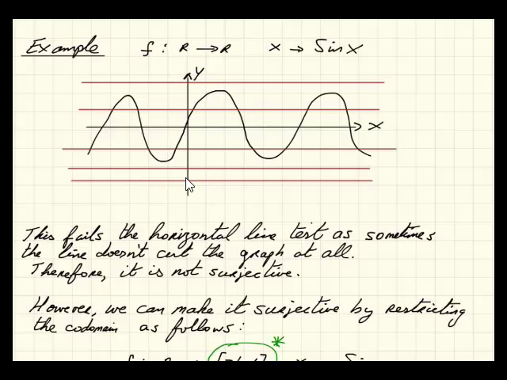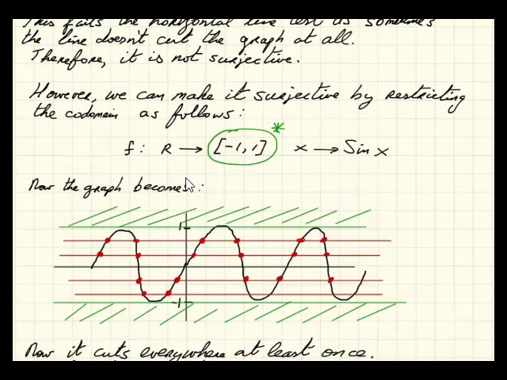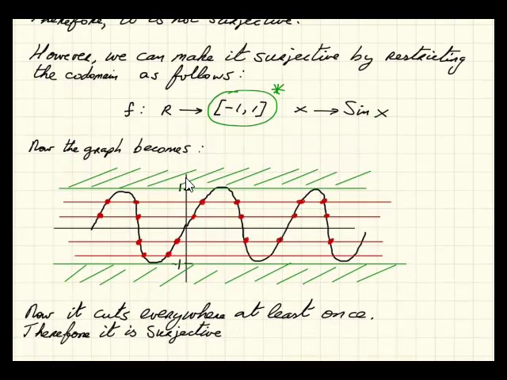However, we can make it surjective if we restrict the codomain as follows. If you leave the domain as it is, but change the codomain to only values between -1 and 1, because sine only ever goes down to -1, it only ever goes up as far as 1.